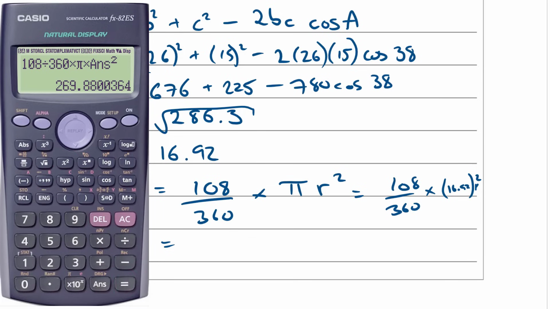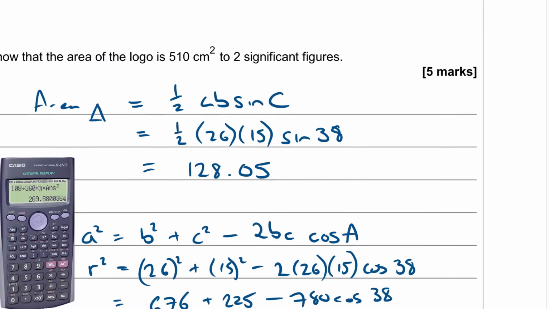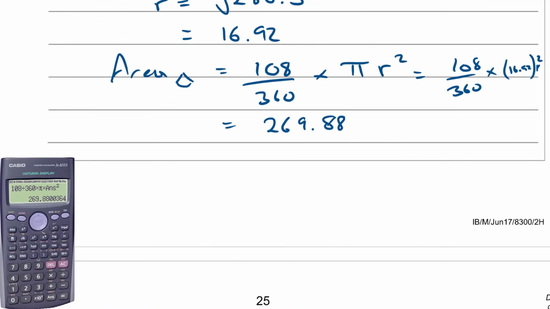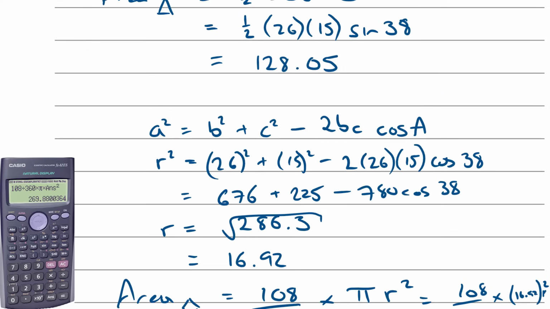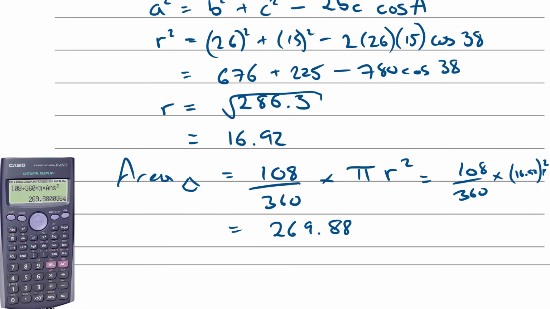So I make that 269.88. Where do I have to write the answer? Oh, I just need to show it. I'm running out of space though, aren't I? Okay, I can still squeeze it in, I think.